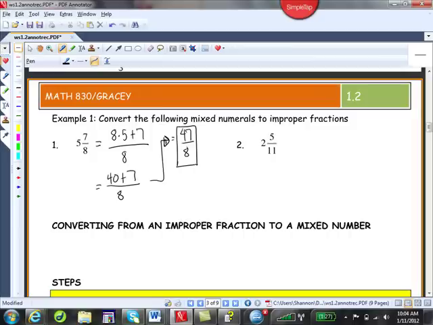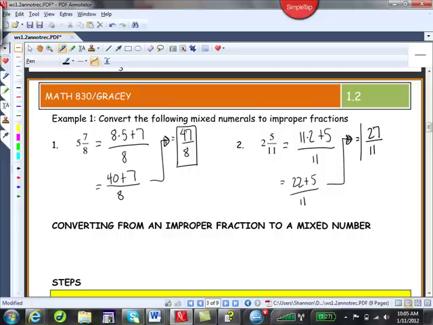Okay, next up we've got the denominator 11 times 2 plus that numerator all over 11. This will give us 22 plus 5 all over 11. And then we'll get 27/11. How'd you do? I bet you did really well on that one.